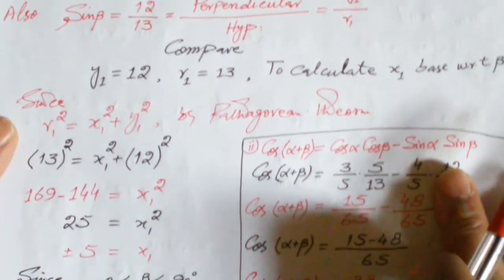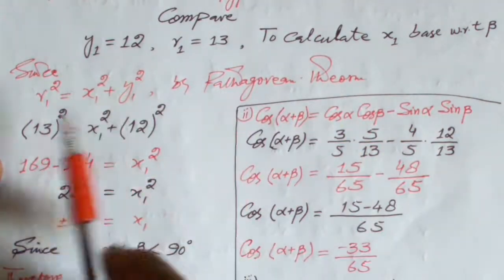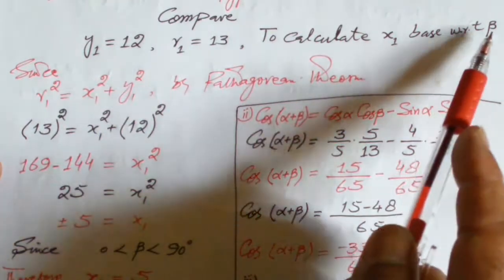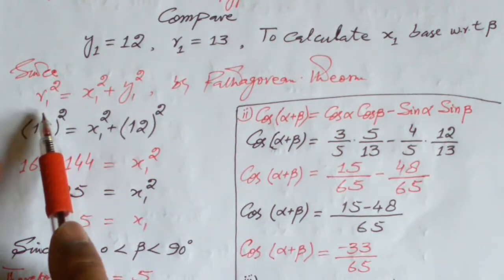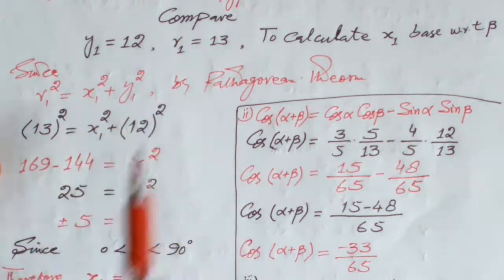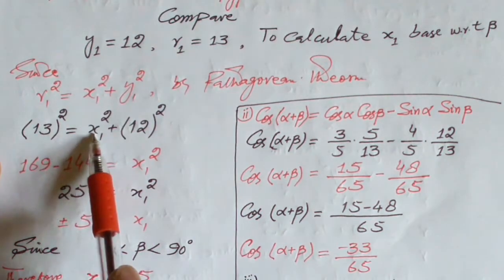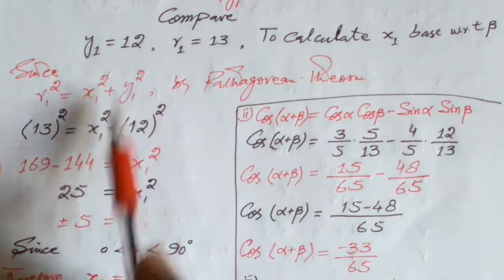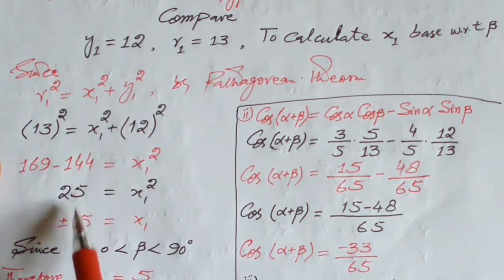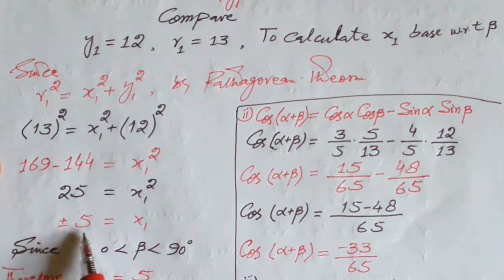So again we apply the Pythagorean theorem to calculate the base with respect to beta. So from the Pythagorean theorem, r1 whole square is equal to x1 whole square plus y1 whole square. Substitute the value of r1 which is 13 whole square is equal to x1 whole square plus y1 is 12 whole square. After the simplification we get x1 whole square is equal to 25, x1 is equal to plus or minus 5.